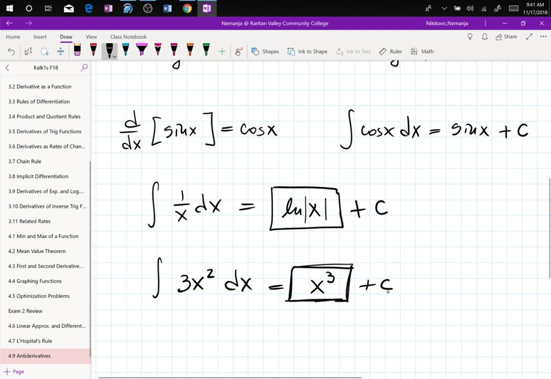Because derivative of x cubed, you drop 3 down, and then x to the 3 minus 1 is 2. So that's exactly what we have there. So that's one way to deal with integration. What thing would give me the thing inside the integral, right?